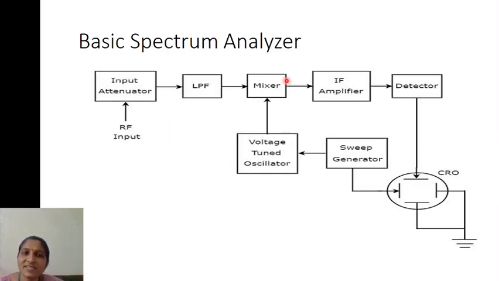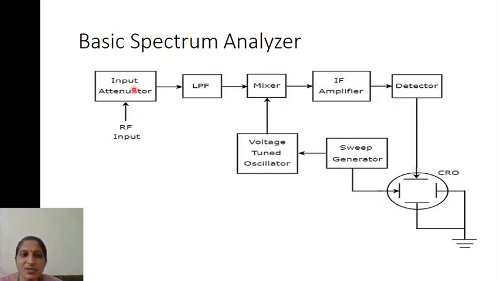Coming to the basic spectrum analyzer, this is its block diagram. The input whose spectrum we need to analyze is given to the input attenuator. What does this attenuator do? It will attenuate the unwanted frequencies.